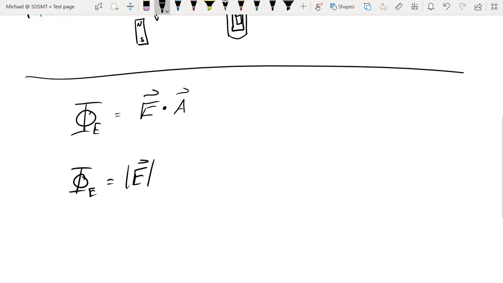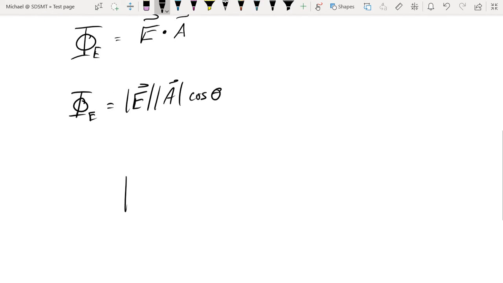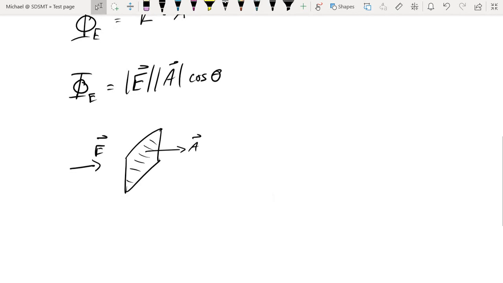That angle relationship was based on cosine theta, because if we have an electric field that passes through a cross-sectional area, we're going to get the maximum amount of field passing through that area if the two vectors are running parallel to each other.